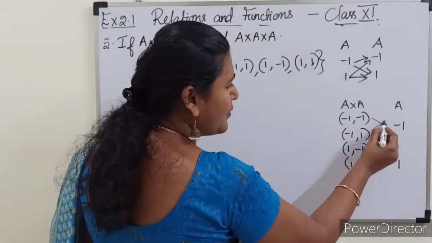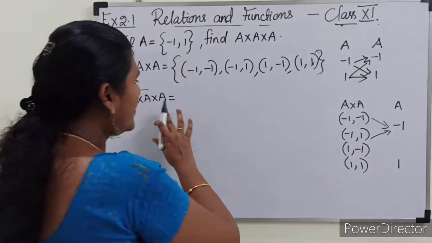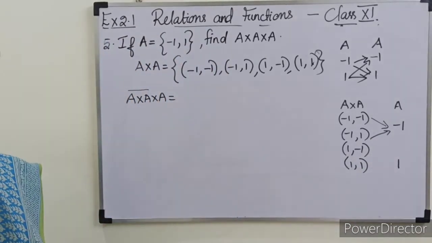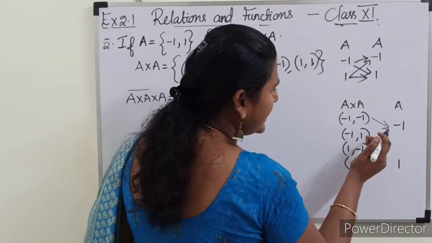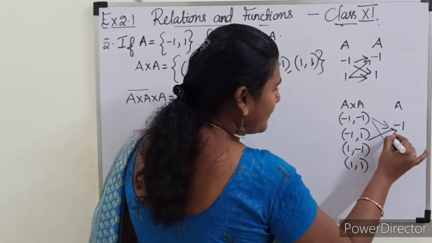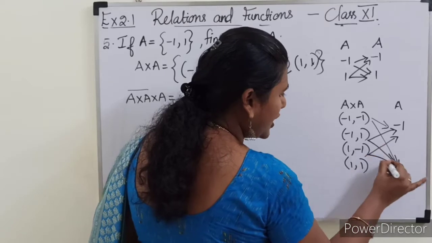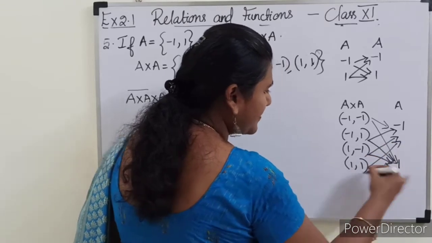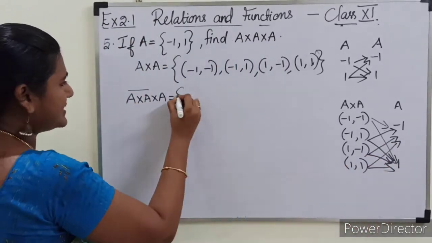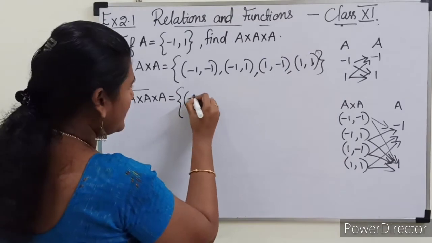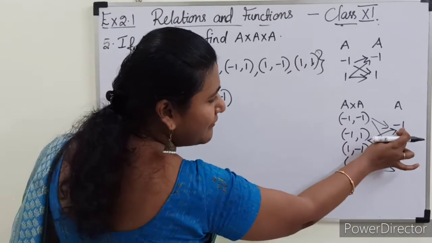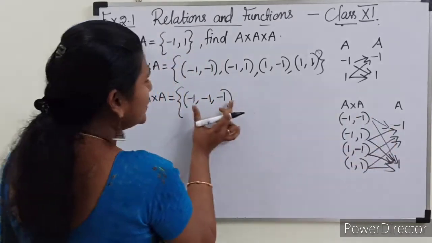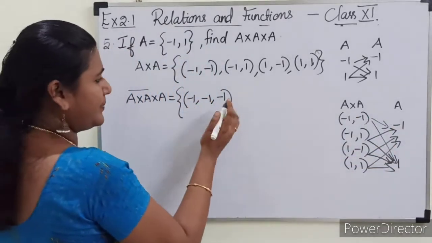Now we have to find out the triplets. You know that from the cross product of 3 sets you will get ordered triplets only. So how are we going to write this? The ordered triplet (-1, -1, -1): we are taking (-1, -1) with -1. So this is the first ordered triplet.